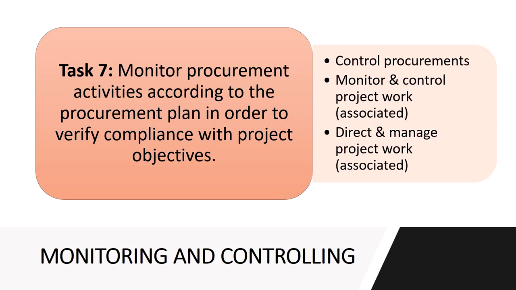So if we take a look at the work performance information that is generated from this process of control procurement, we can see that this could contain information about how the seller is performing by comparing deliverables received to what was promised. Also, the technical performance that is being achieved. Are we meeting the technical performance schedule?